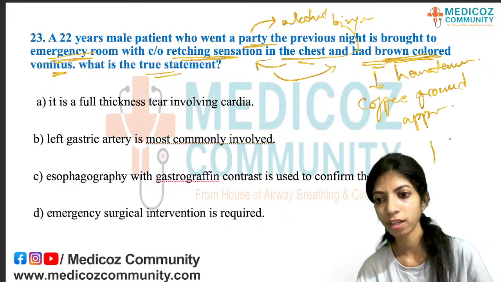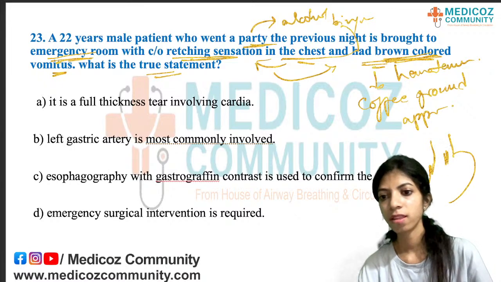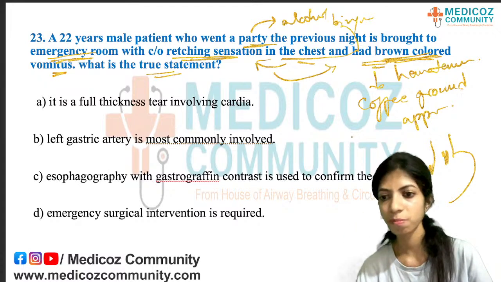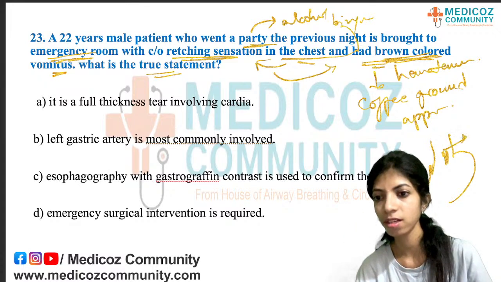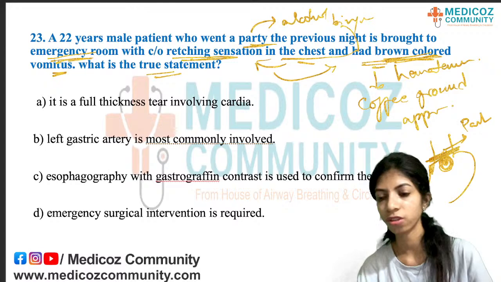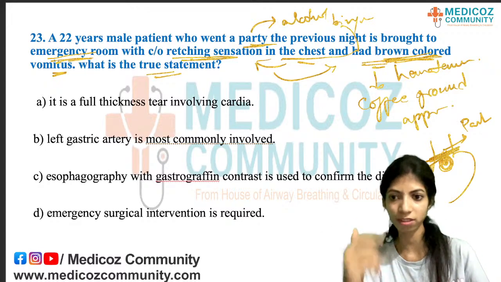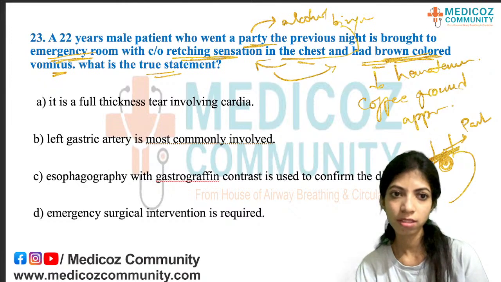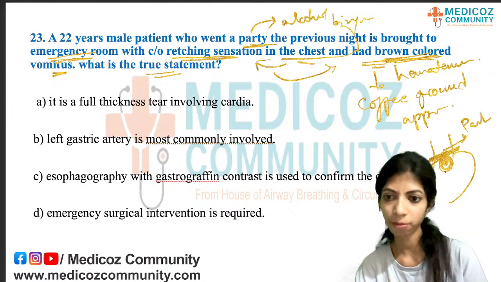This is your classic Mallory-Weiss tear. This is nothing but, due to the binge alcohol and the irritation, a partial thickness tear just below the esophagogastric junction. You have your esophagus and the gastric junction, and just below the junction there is this partial thickness tear.